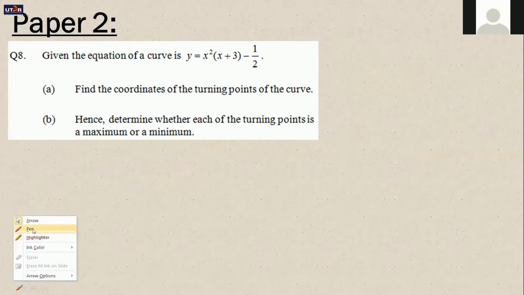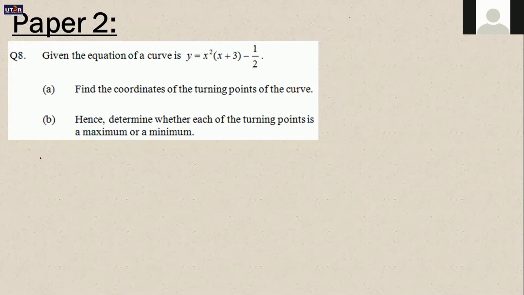Then after that, we need to determine whether each turning point is a maximum or a minimum. Okay? So what is a turning point? How to find the turning point? You want to find the turning point, you must let the first derivative equal 0, right? So you need to find dy over dx again.